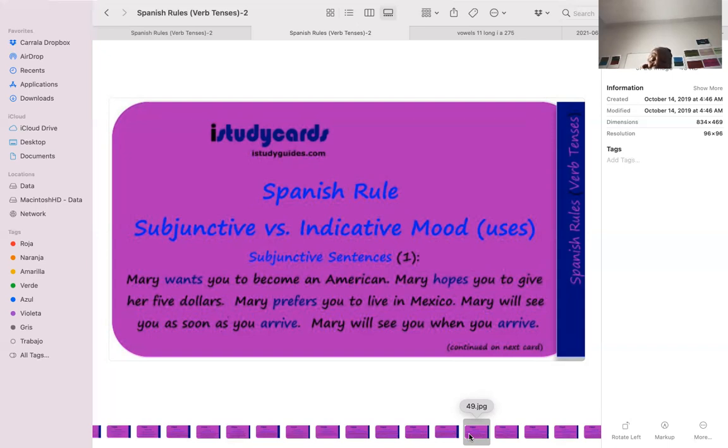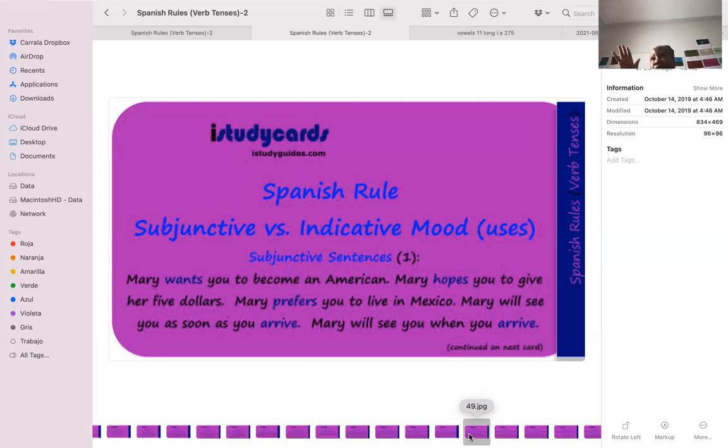All right. Mary hopes. Okay, so we're not talking about an objective fact here. We're talking about a desire. Mary hopes that you give her $5, or hopes that you will give her $5. Once again, it's not structured the way it's structured in Spanish so that the subjunctive is clear.